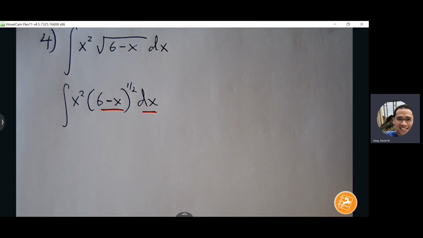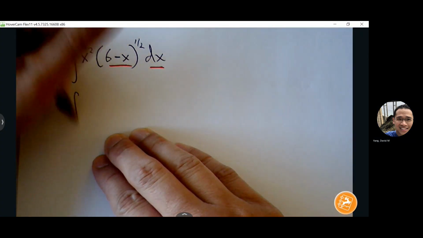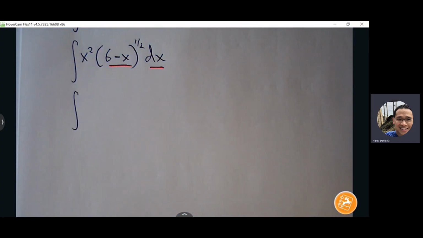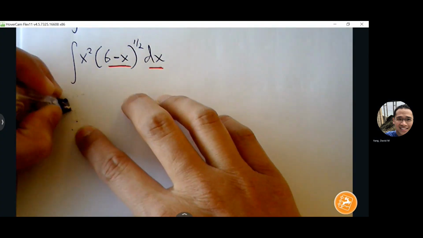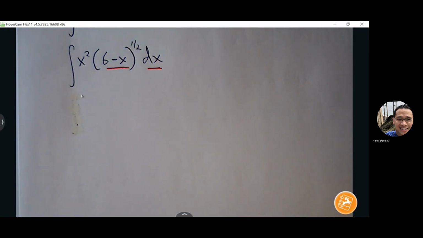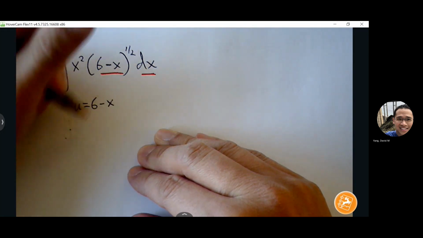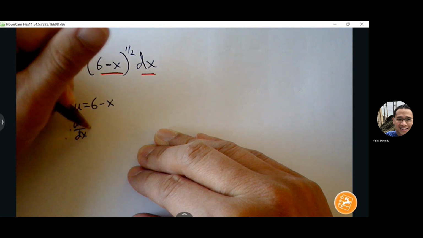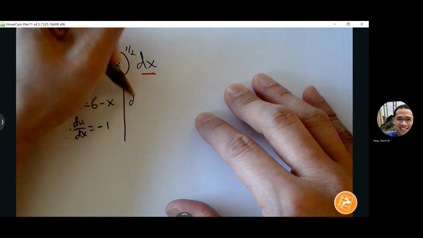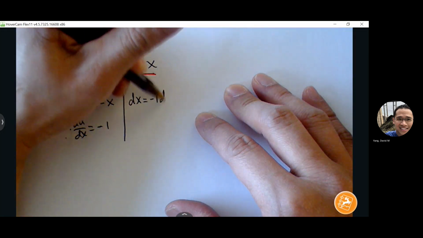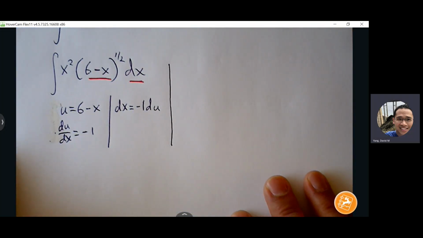We've got to worry about that x squared not going to go away on its own. Okay, so our U value is 6 minus x. Okay, we make our substitutions.